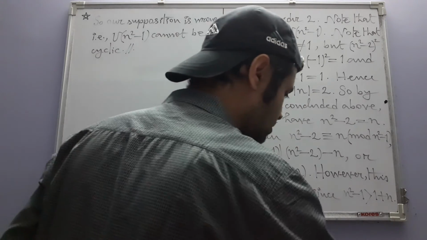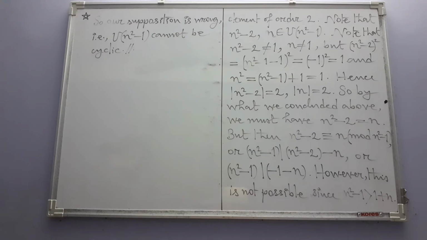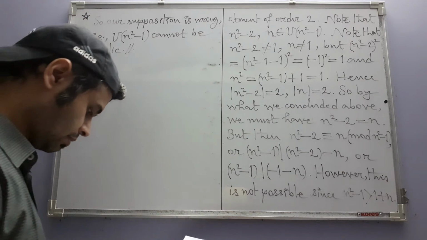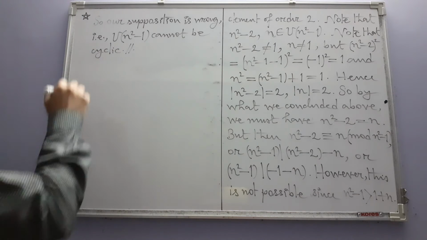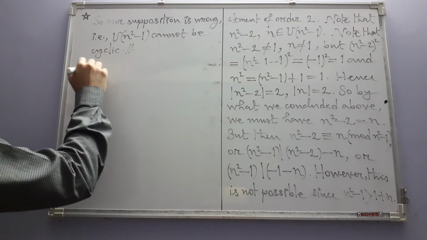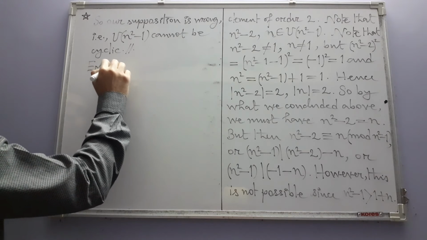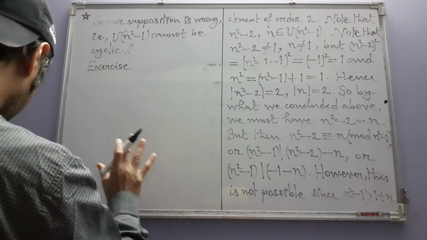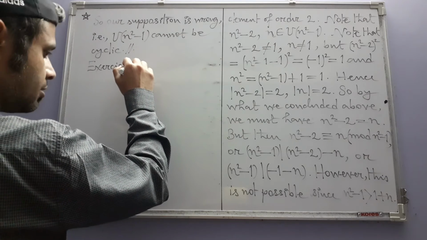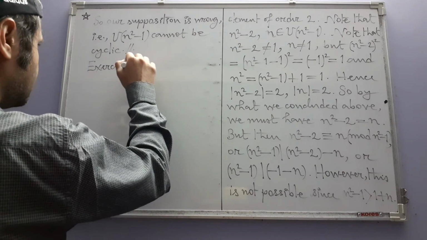And speaking of Euler's phi function, the next exercise is just that. Just that means it involves Euler's phi function. So this is 85.